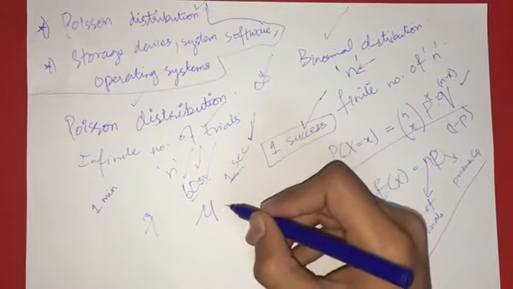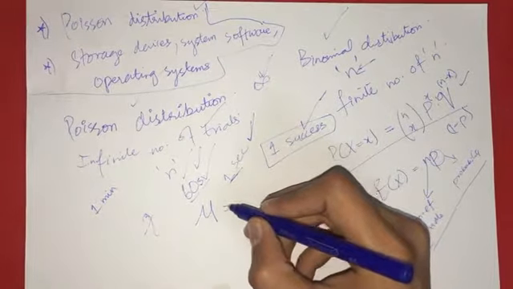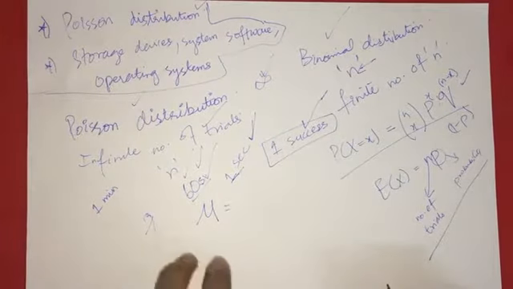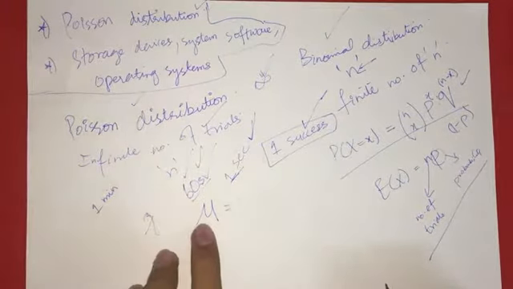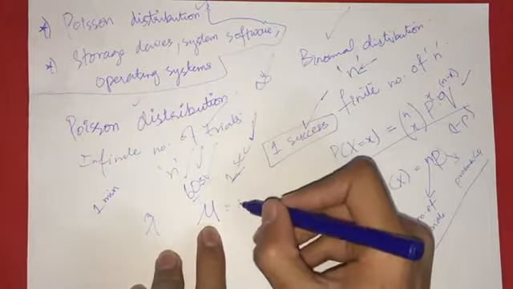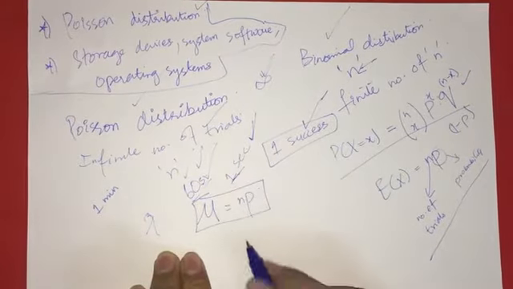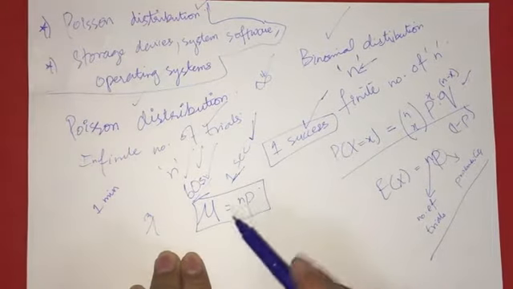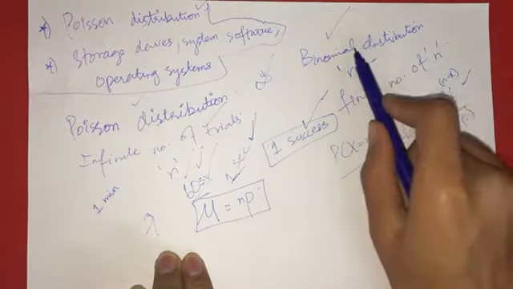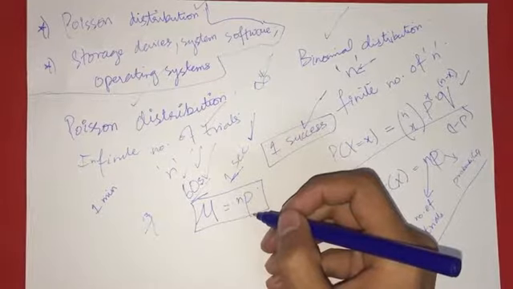So this is the mean of Poisson distribution. But if you want to say that Poisson distribution is related to the binomial distribution, you can say that mu equals np. We are making a claim that mu should be equal to np if this distribution is the binomial distribution.